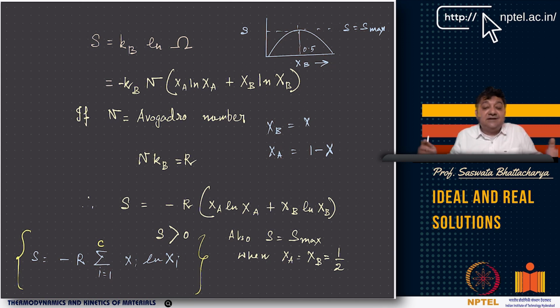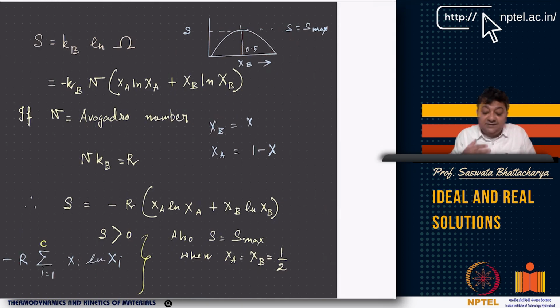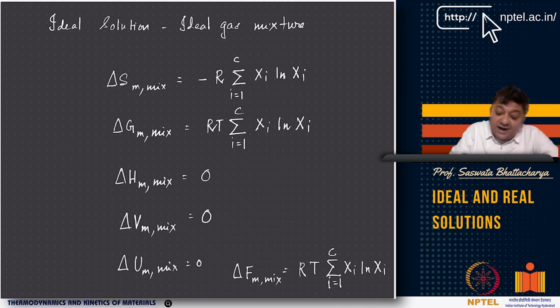So you can see that there is a very nice connection here, exactly the same. Basically, you get the ideal solution from whatever approach you want, whether it is the molecular approach or the statistical mechanical approach with particles. But remember, in an ideal solution there is no interaction between particles. That's what we assumed here, and we got back minus R sum X_i ln X_i.